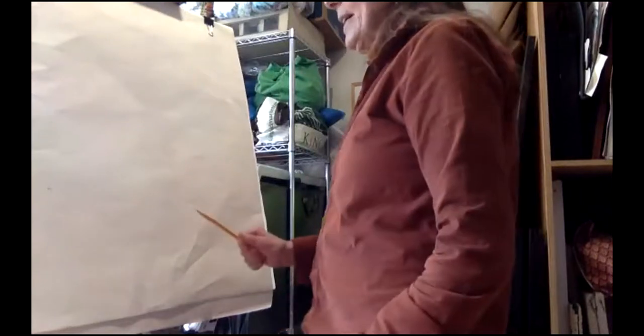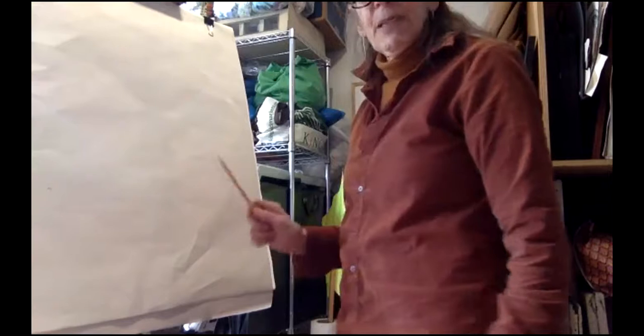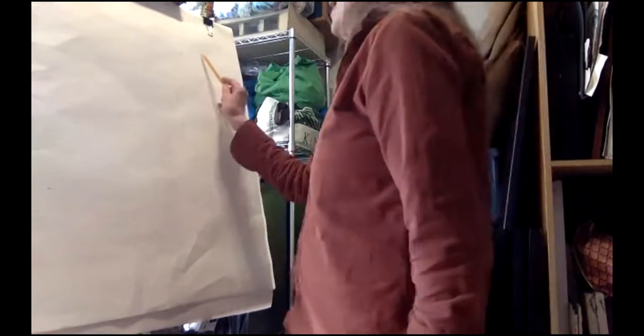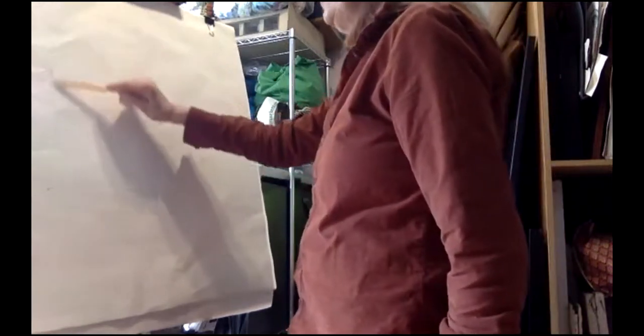As always, the human head is an oval, so wider at the top, narrower at the bottom. I'm making the head quite large, and I'm doing it for two reasons.